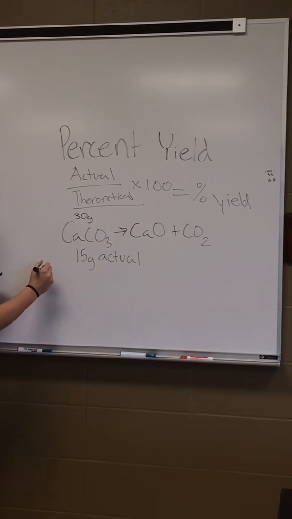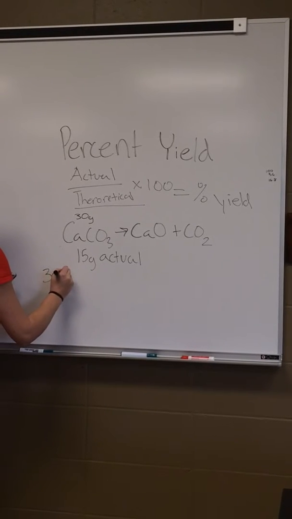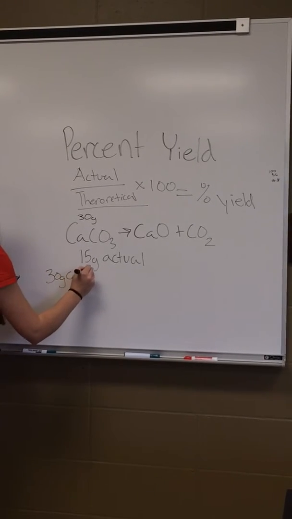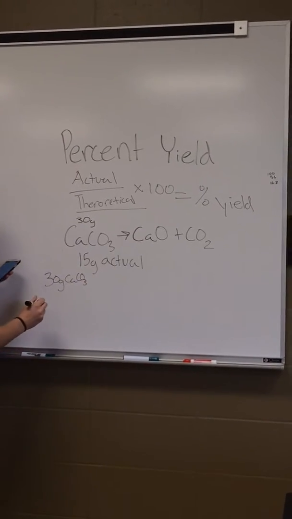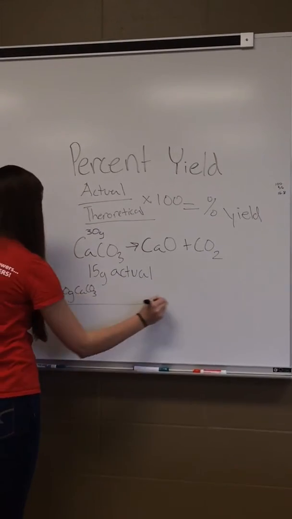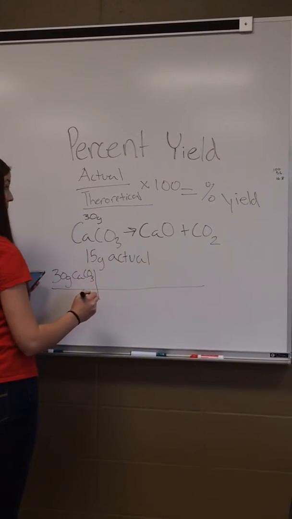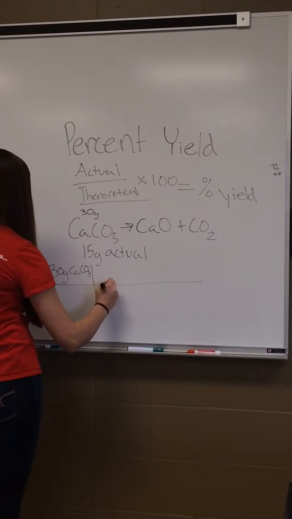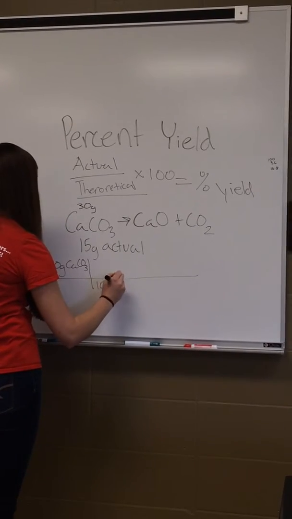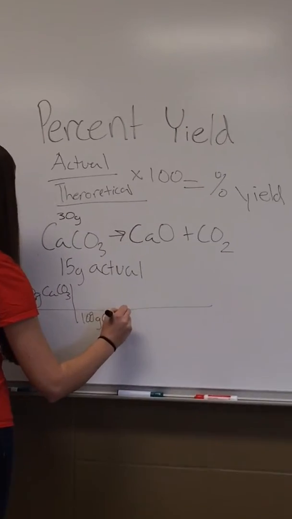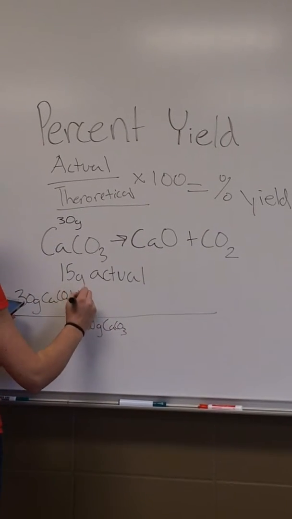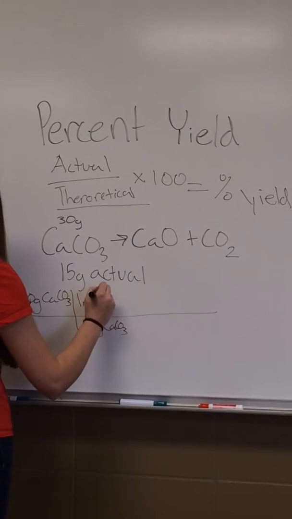So this one's another T-chart. You would take 30 grams of CaCO3 and divide that by the mass on the table, which is 100 grams. And that converts it to moles.